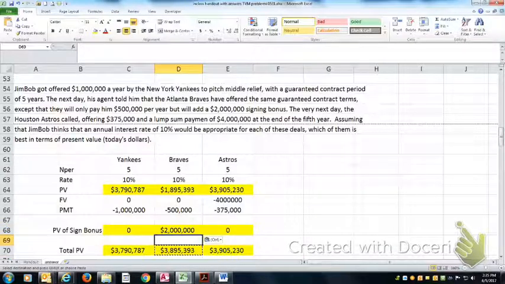Here's the bad news: even between the interest on that $2 million and sucking out the $500,000 payments, you would have less money than if you simply waited and then took the Astros up on their offer. You spent $375,000 on your lavish lifestyle for 5 years, and then you'd get a big check for $4 million. That's worth more money. You would have more, which makes it the best offer.